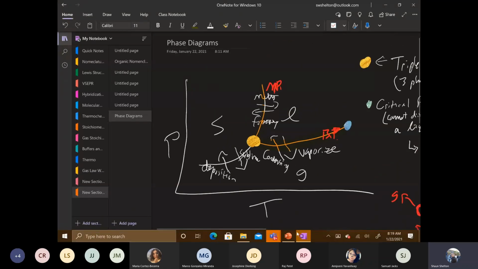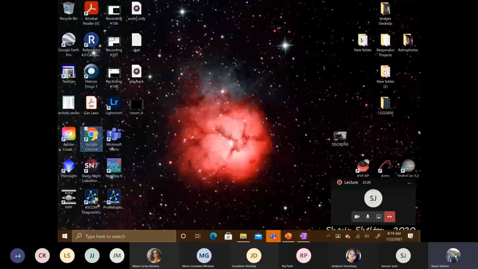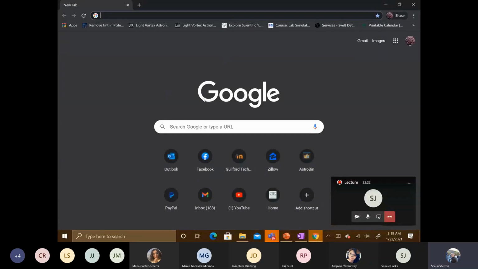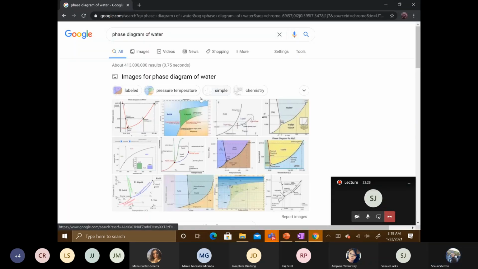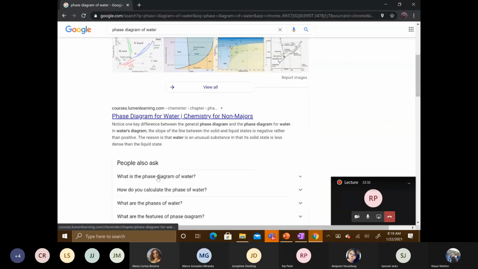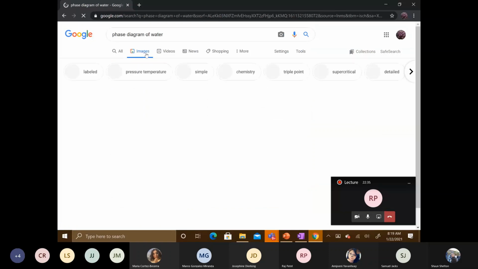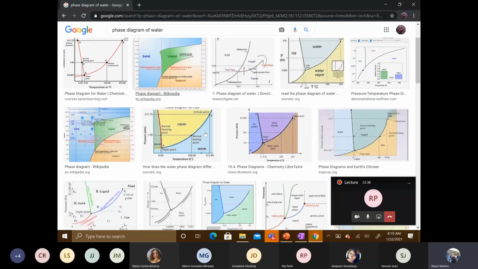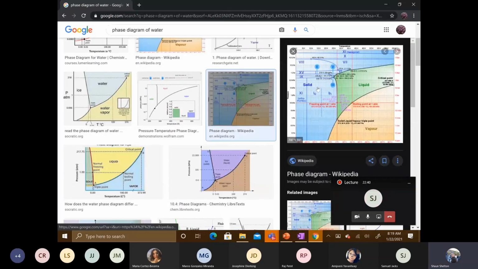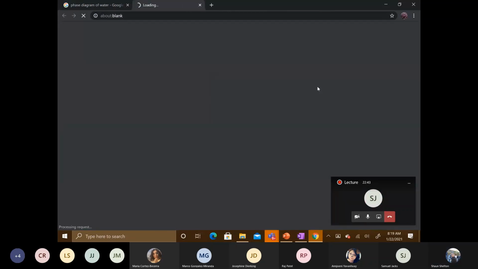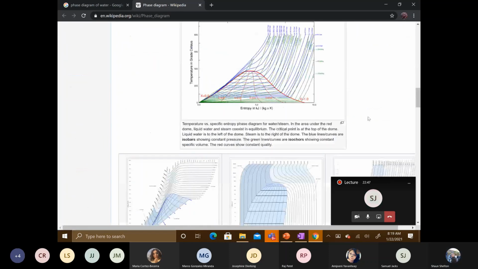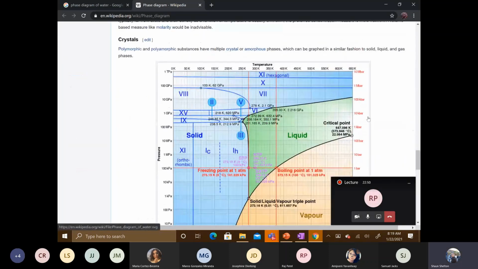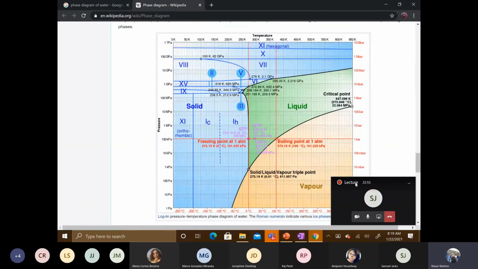So I'm going to go to Google here. We're going to look at the phase diagram of water. Here it is.